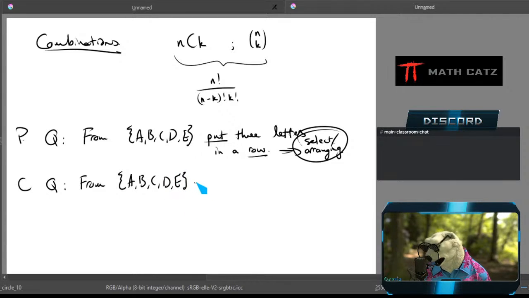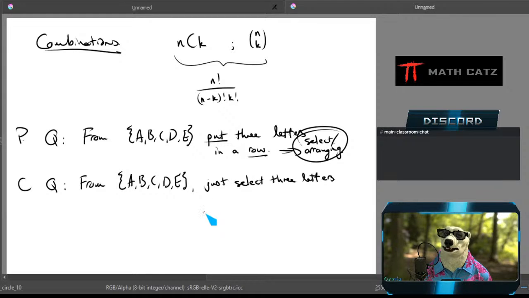Trying to not take too long with this discussion because it can be a lengthy one. I want to just select 3 letters. I'm not putting them down. They're in my hand, shuffled in any way. If I have a bag of these letters, pretend they're Scrabble letters, I'm putting my hand in the bag. I make sure I feel 3 of them.